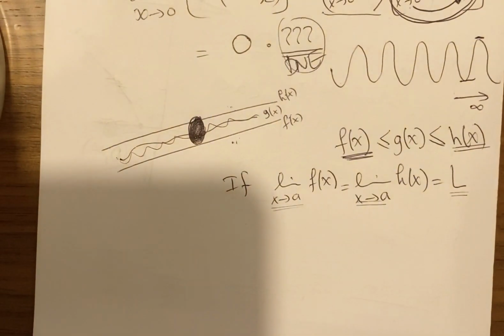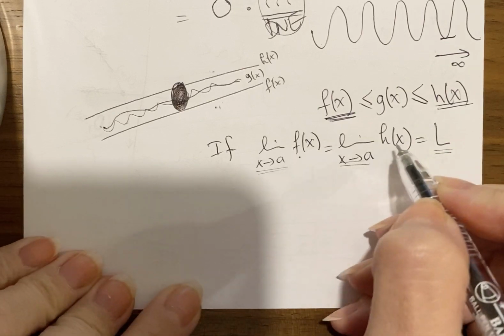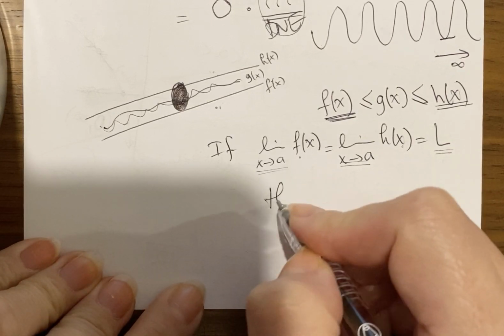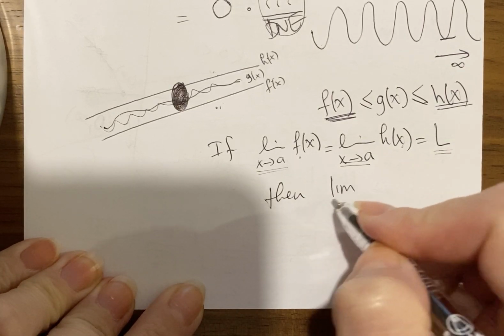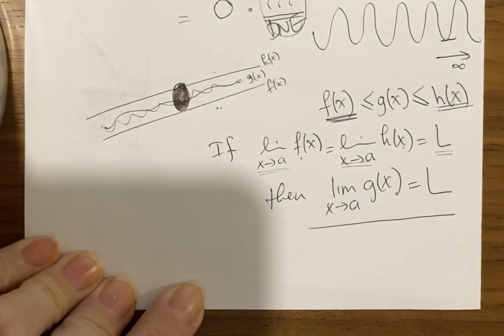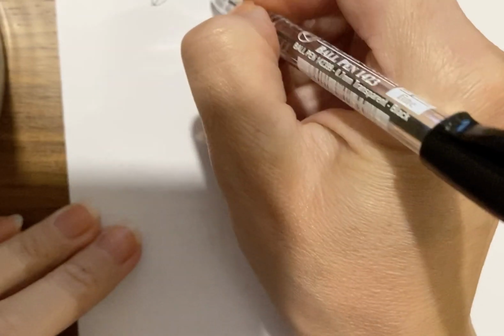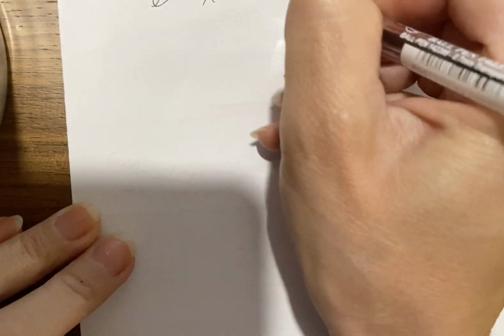What is between two equal numbers? The same exact number. So if the limit of the upper is equal to the limit of the lower, then the filling, without really testing it, will have the same limit L. Tell me now, how does this help me to solve problems like limit of x squared times cosine 1 over x as x approaches 0?